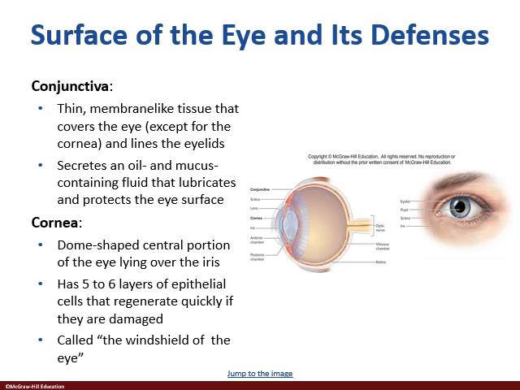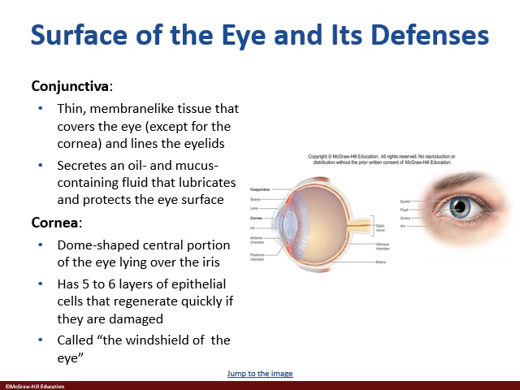When you look at somebody's eye, what you're actually looking at as the outer layer is what is known as the conjunctiva. Okay? It is a thin membrane-like tissue that covers the eye. So the eye itself, the cornea and all that, is not actually exposed to the environment. There is a thin layer of tissue.